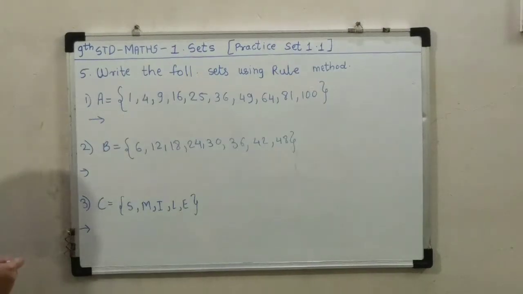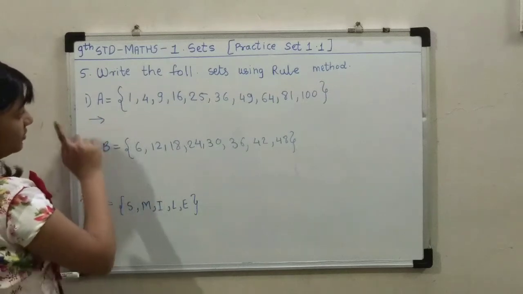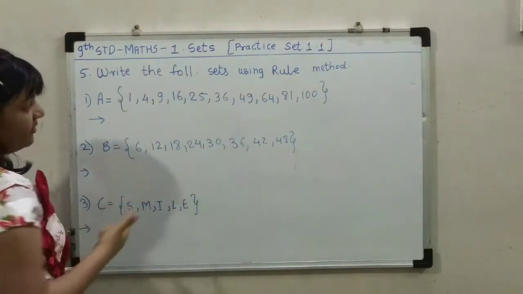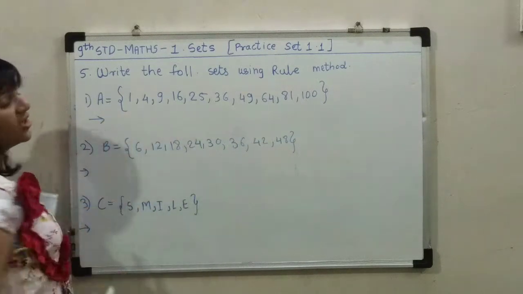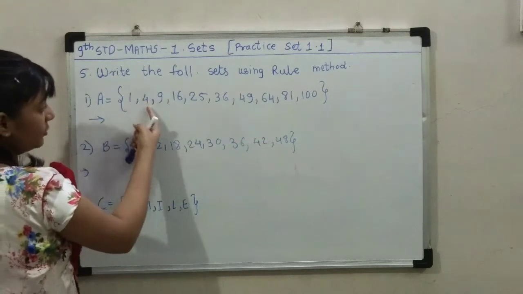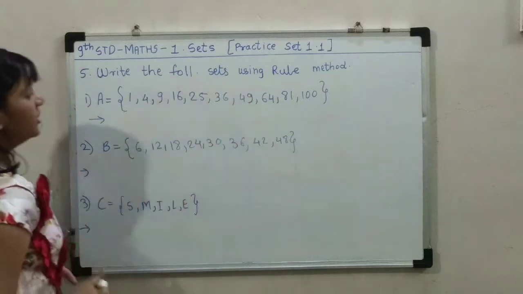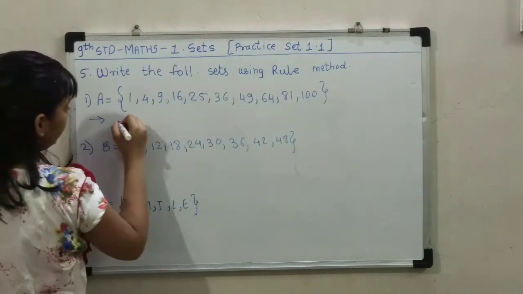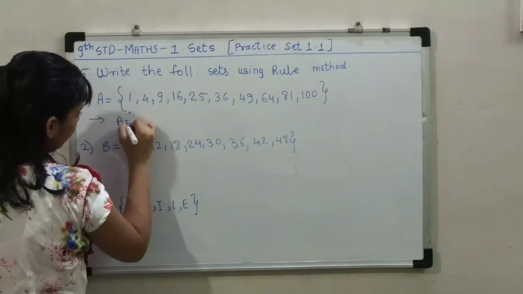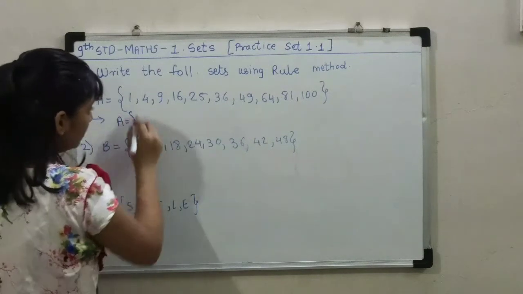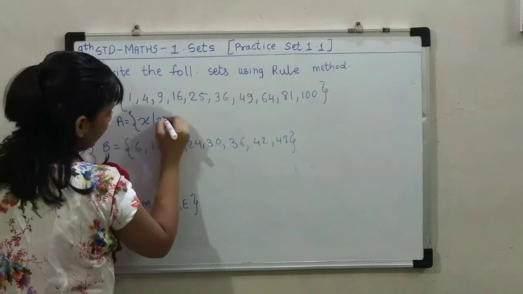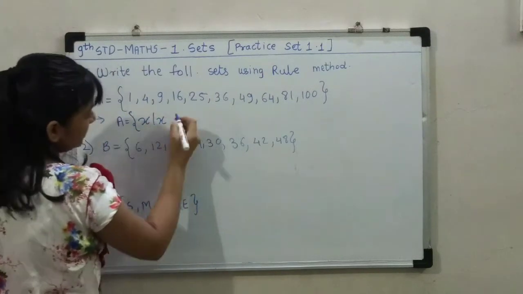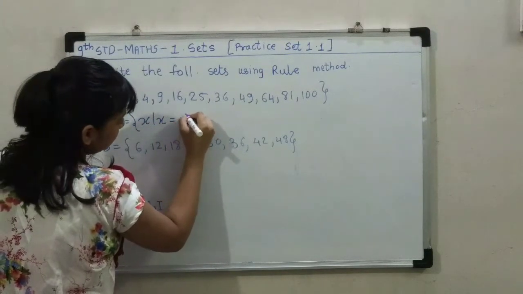Fifth sum is write the following sets using rule method, and first question is set A is equal to 1, 4, 9, 16, 25, 36, 49, 64, 81, 100. So these all are square numbers, squares of 1, 2, 3 and so on till 10. So by rule method we can write set A is equal to x such that x is equal to n square.